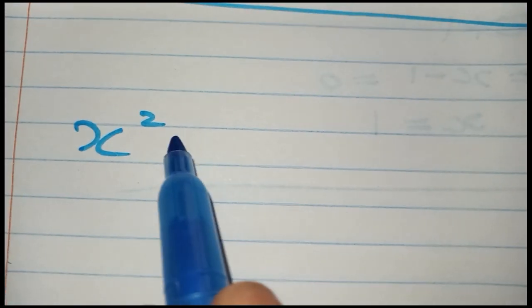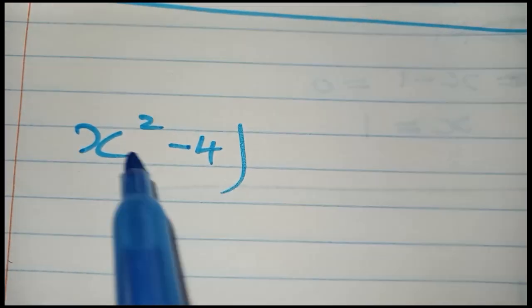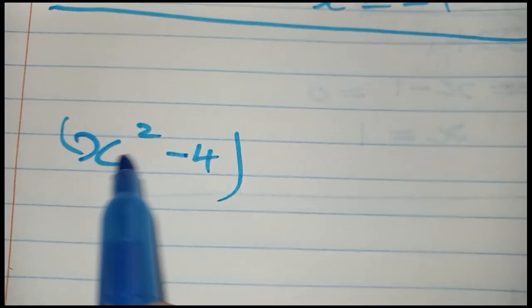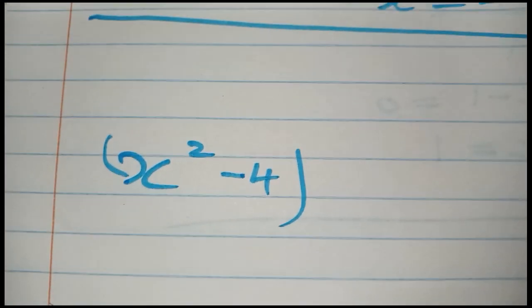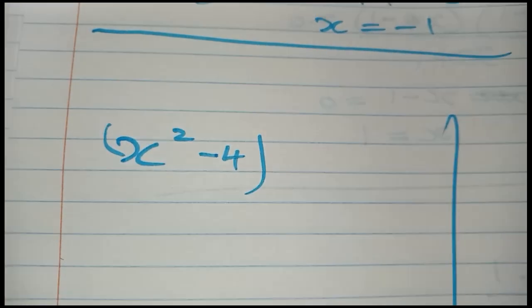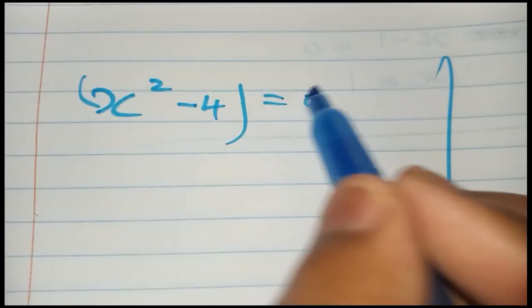And the other way of factorizing would be if you do not have a common factor. Let me show you what I mean. x squared minus 4. You know this, right? Forget about the brackets, this is just me showing you. And you've equated to 0.